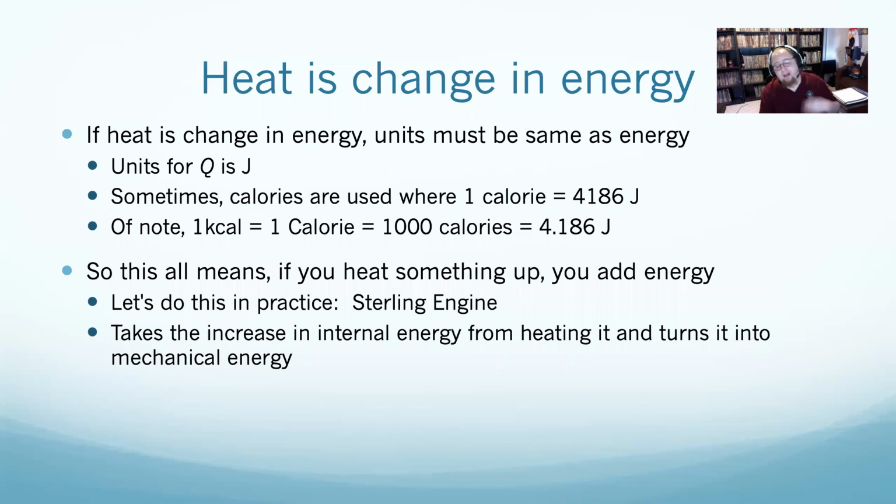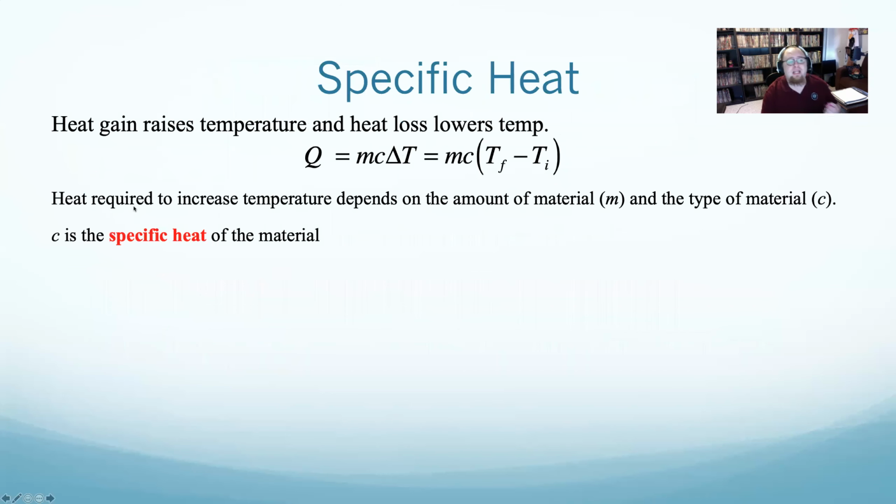Now, when you add heat to something, you can really do two different things with it. I'm going to start with one, and I'll come back to the other. The main thing that happens when you add heat to an object is you increase its temperature. Because keep in mind, total internal energy, U, is just 3/2 NkT.